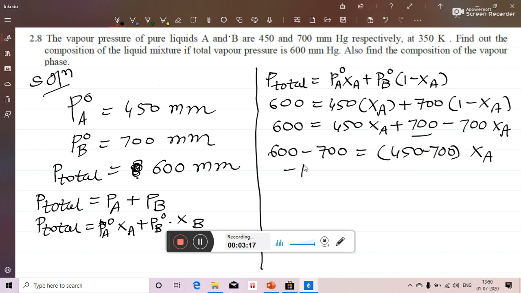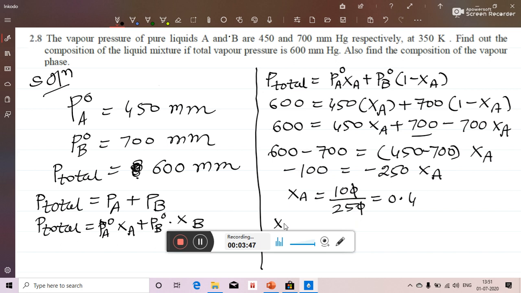So this will be minus 100 equal to, now 700 minus 450 is 250, so this will be minus 250 XA. Now minus will be cancelled from both the sides, so XA is equal to 100 upon 250. So it will be 2 by 5, so it will be 0.4.